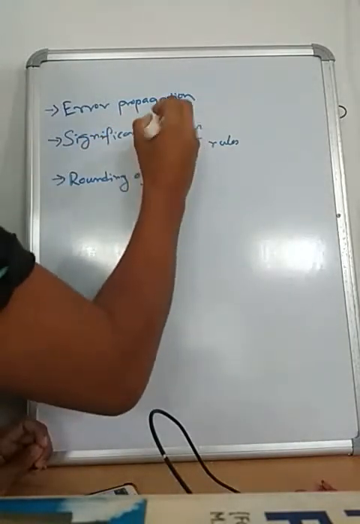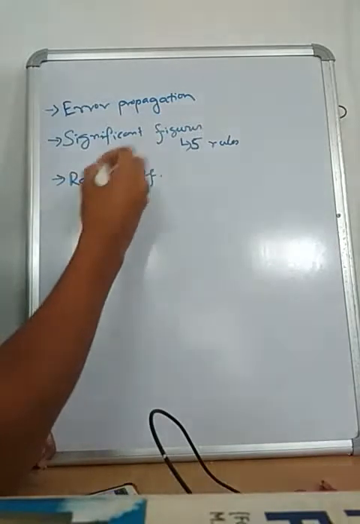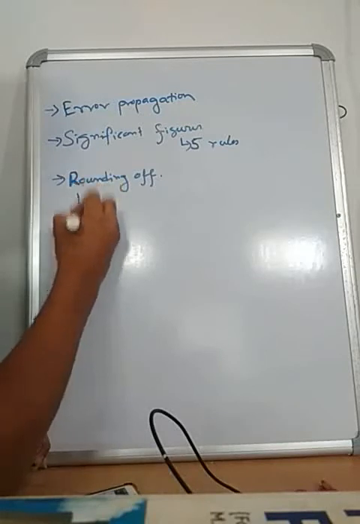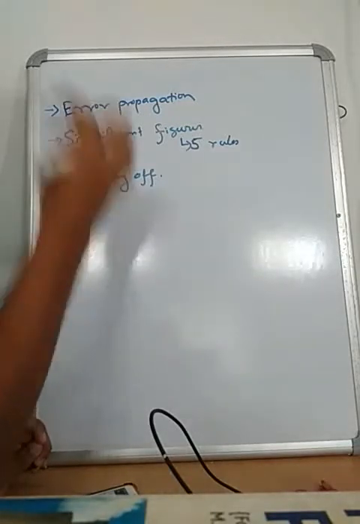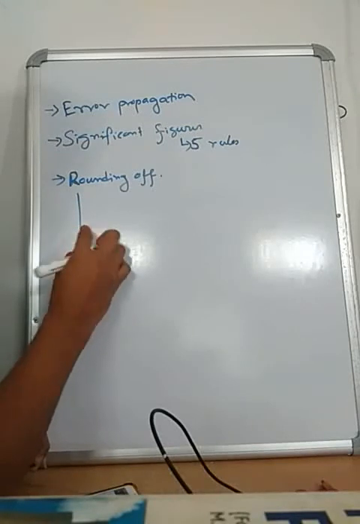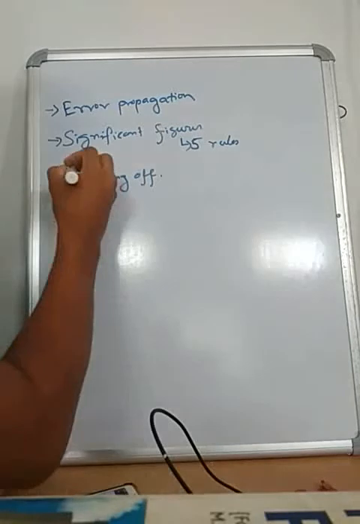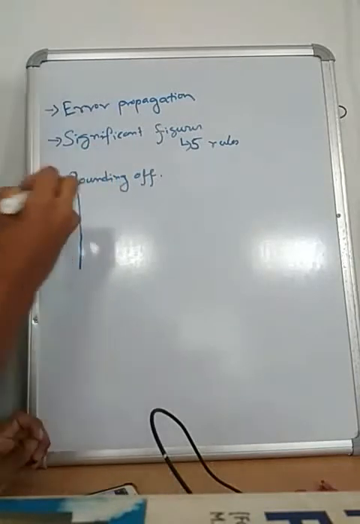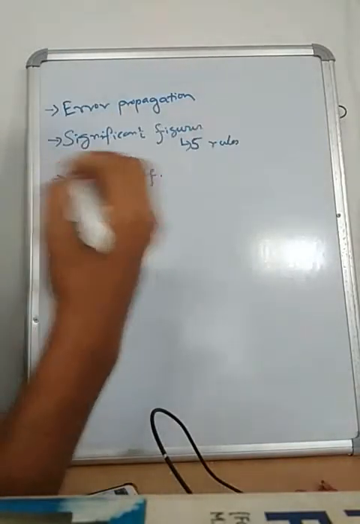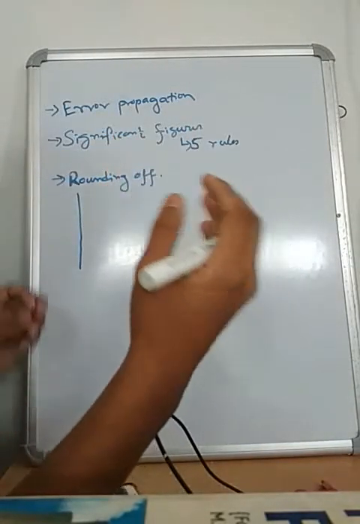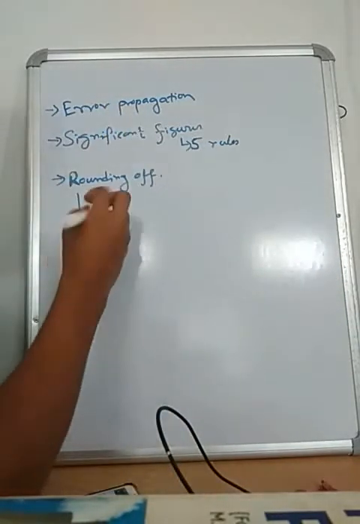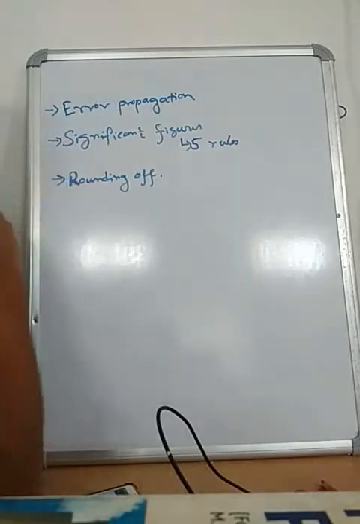After significant figures, we discussed rounding off, and during rounding off we get a few rules which have to be followed when rounding a figure or an experimental result up to a certain significant figure. Suppose I take an example.